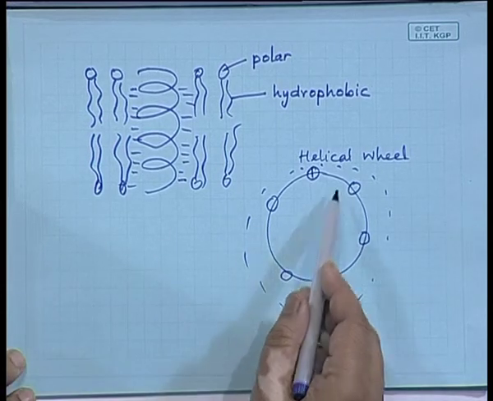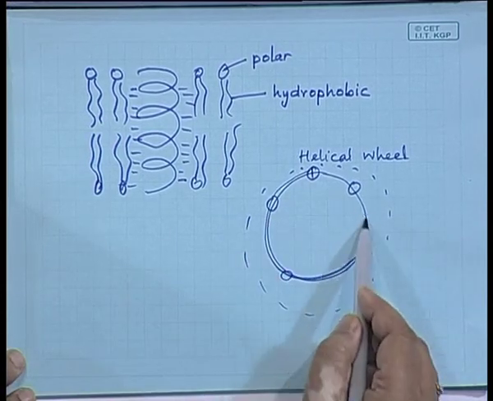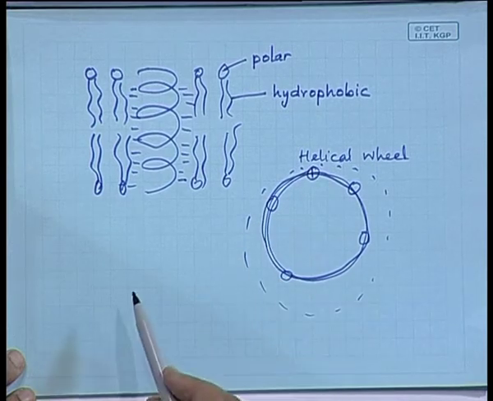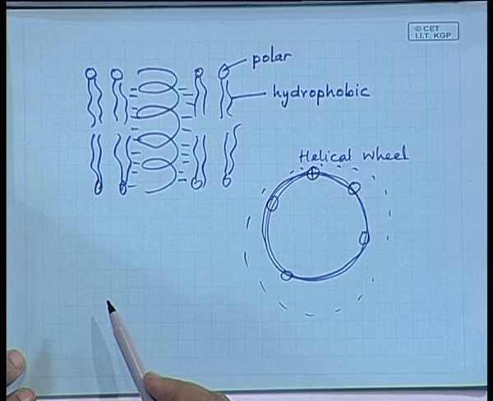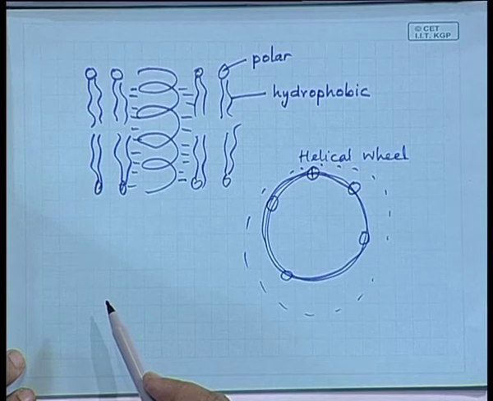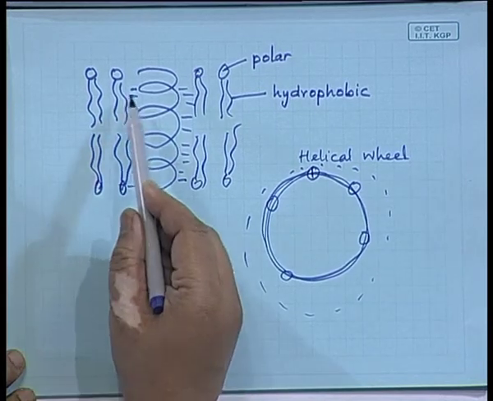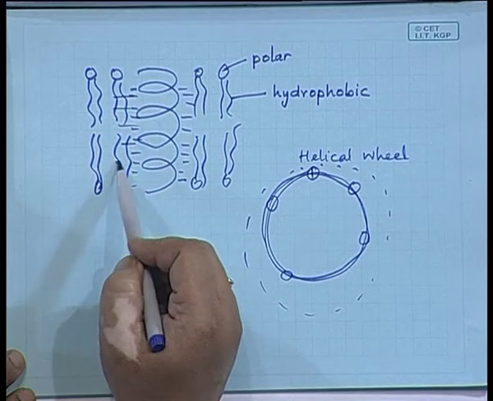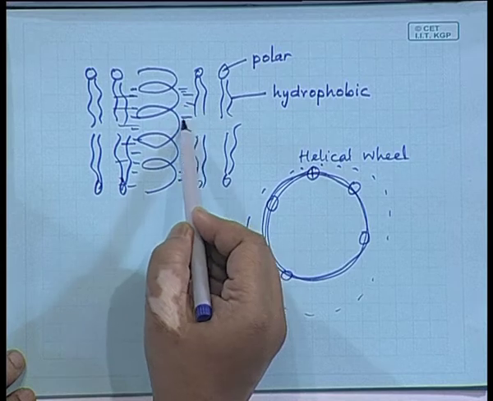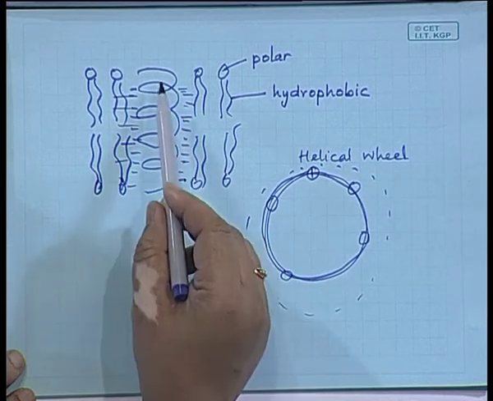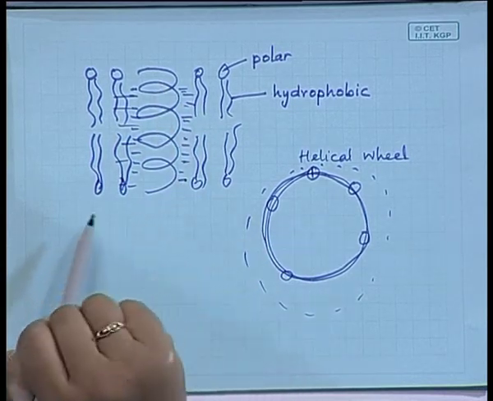So, what do I expect my helical wheel to comprise of? All hydrophobic residues. Does that make sense? It does, because you have to have hydrophobic interactions. If you do not have hydrophobic interactions, then this helix will not stay here at all.